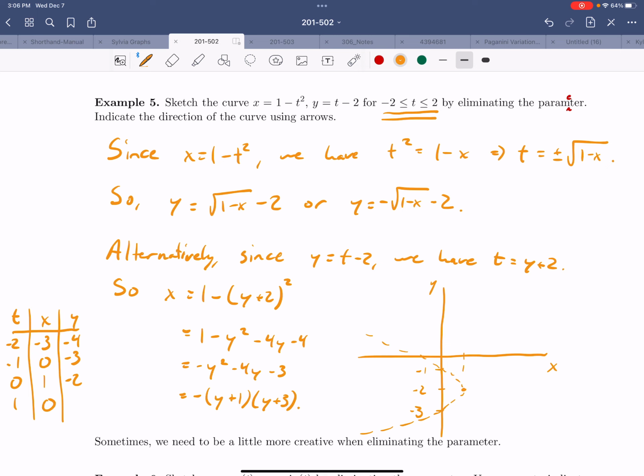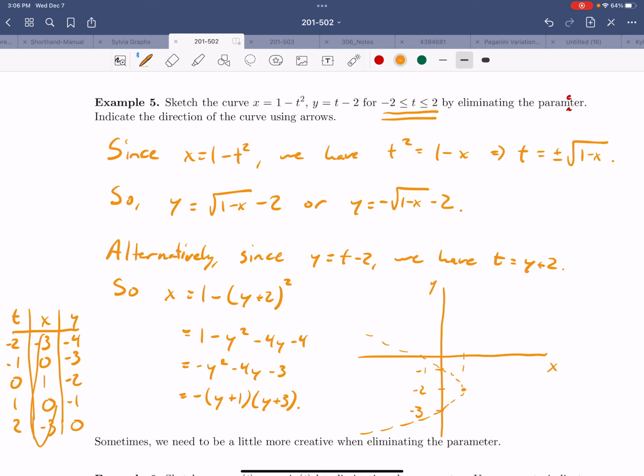And this should be a reflection, right? So when t equals 1, we get negative 1 here. And then when t equals positive 2, y is 0, and x is, again, negative 3.